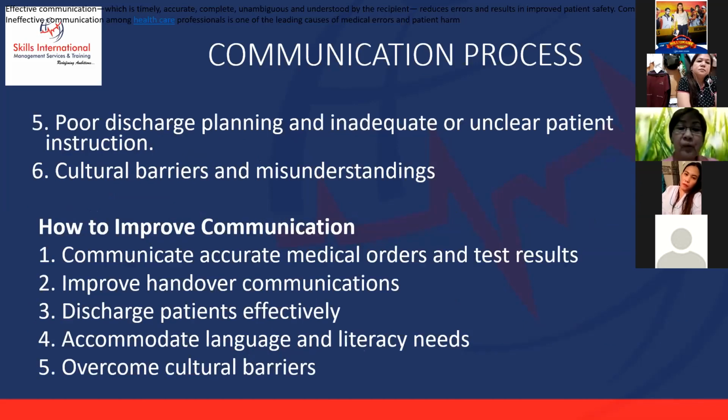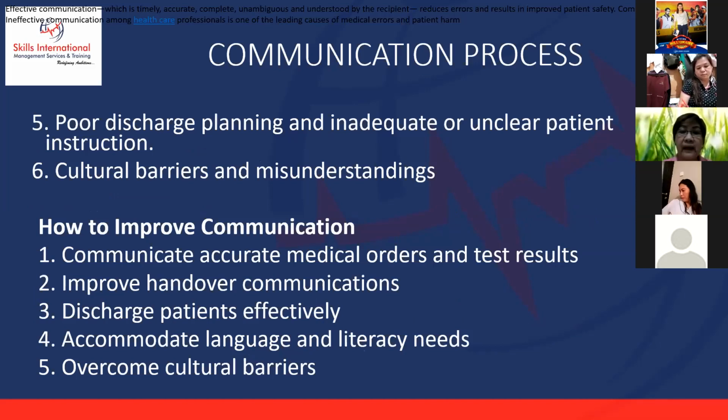Number 5 is poor discharge planning and inadequate or unclear patient instructions. If your patients are going for discharge, giving them false or wrong instructions while going home, like the taking of medications, is a problem.